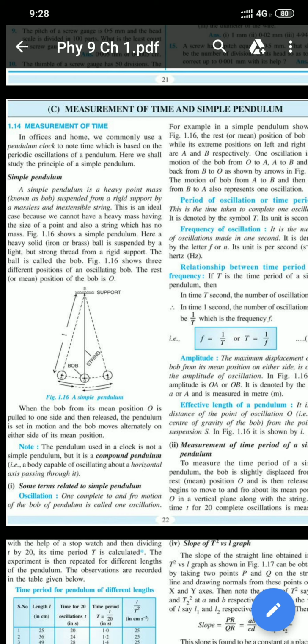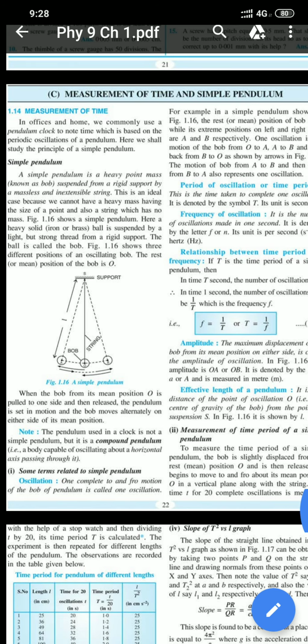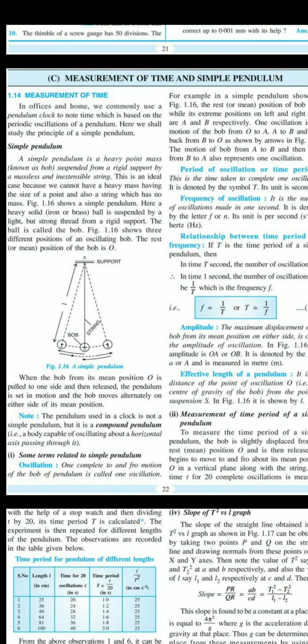So see, two things are important here in this definition: that it is a heavy point mass, okay. Then the second thing, the string should be inextensible and massless.